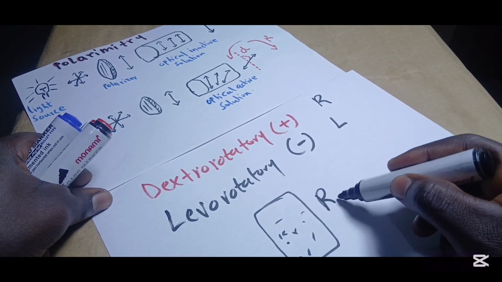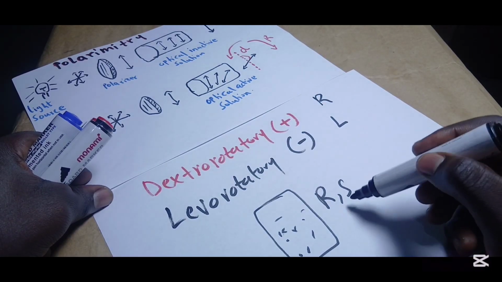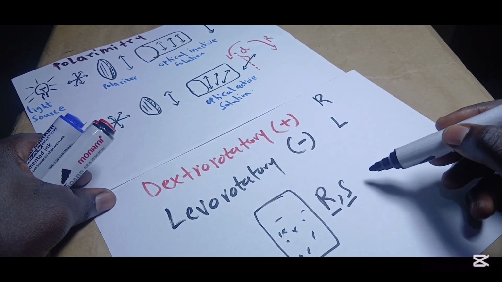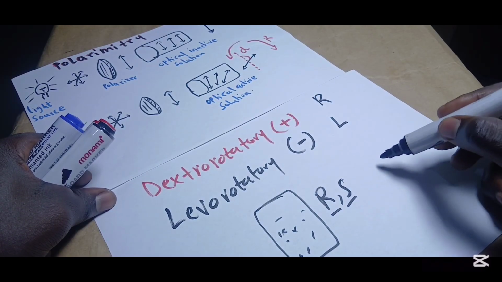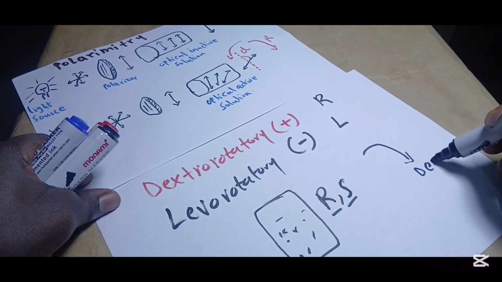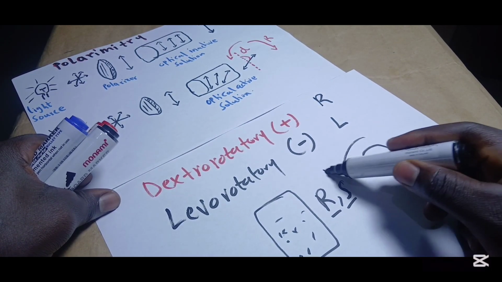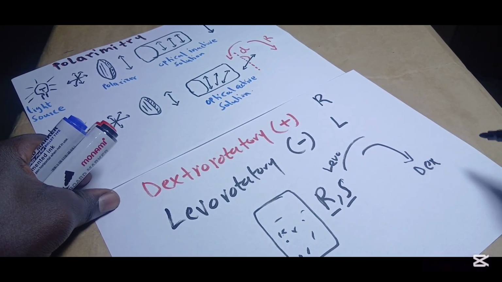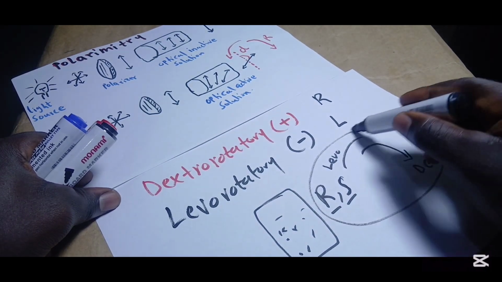Let's say, assuming the R and the S enantiomers. Depending on which of these dominates, if the S dominates, then it will give us dextro. If the R dominates, then it will give us levo. Notice that S is not always dextro. I'm just using this for illustration's sake.